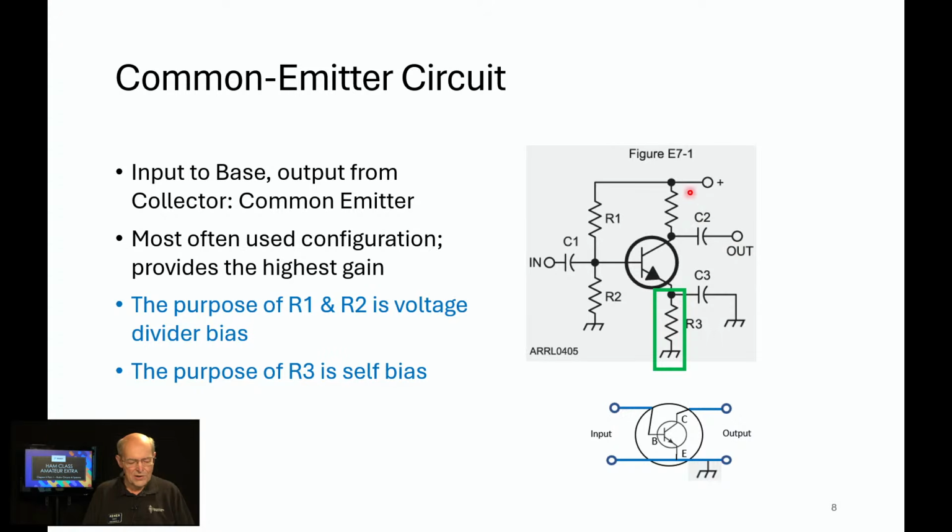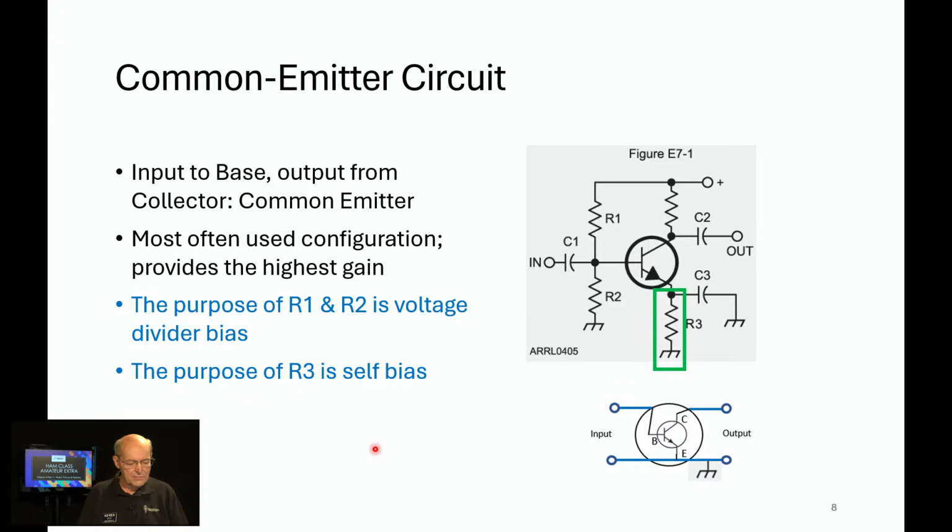So as the current increases through the transistor, the voltage across this resistor, R3, just via Ohm's law, will rise. That will bump up the emitter relative to the base, which will serve to turn off the transistor or slow it down or cut it back a little bit, protecting it.